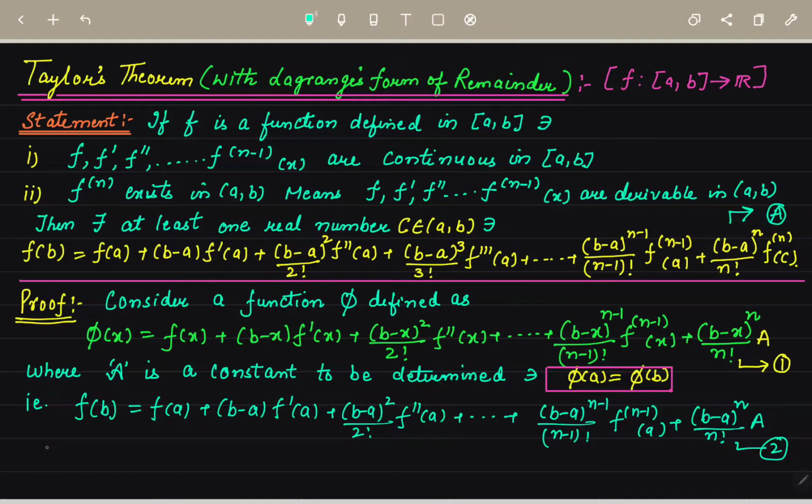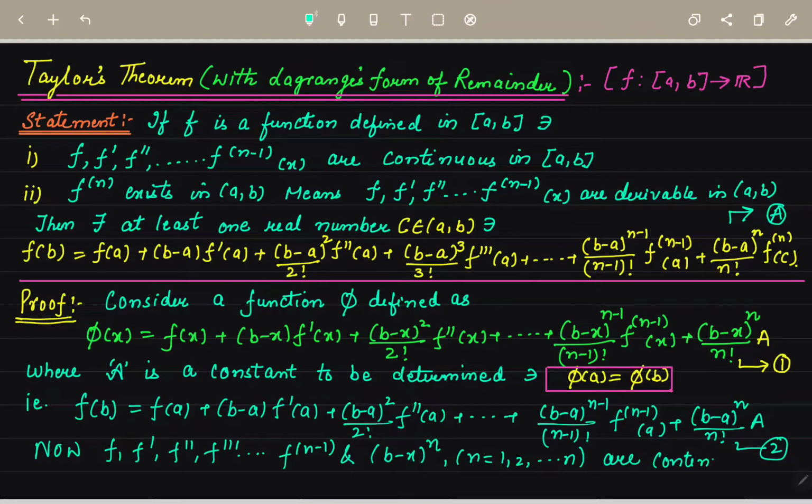So I will write now that f and its first, second, third derivatives, and so on up to the n minus 1 derivative, and the term (b minus x) whole raised to the power n, where n is from 1 up to n, are continuous in the closed interval [a, b], and also these are derivable in the open interval.